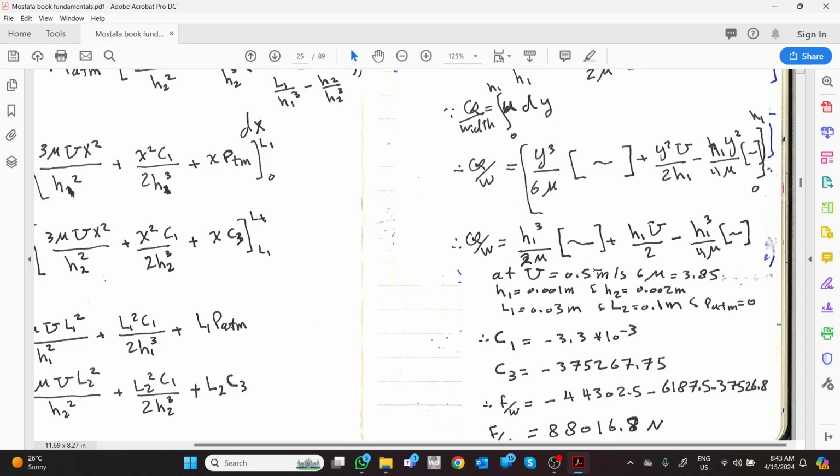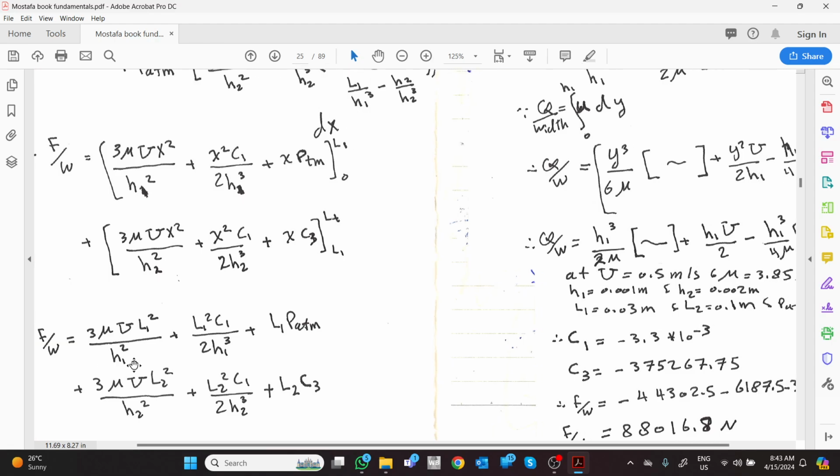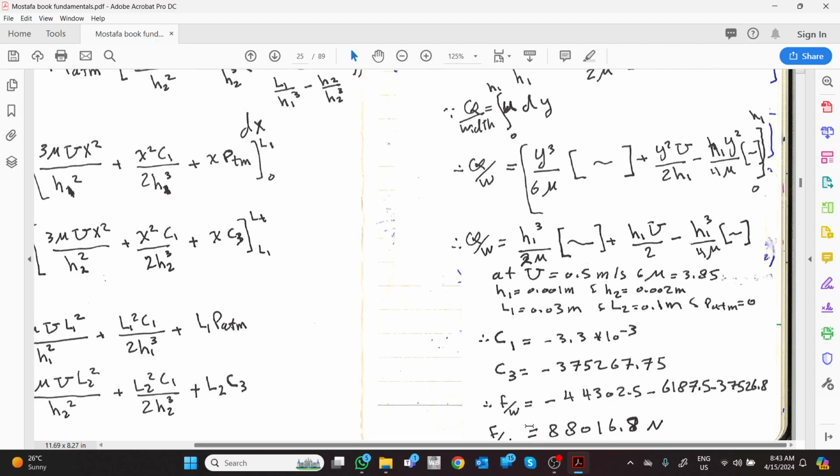If you're trying to calculate the numbers, if I told you the bearing is going to move 0.5, mu is equal to this number, this is the dimension, you need to calculate C1 separately, C3 separately, plug the numbers here, and you'll get the force, which can take up to a force per width of 808 Newton.